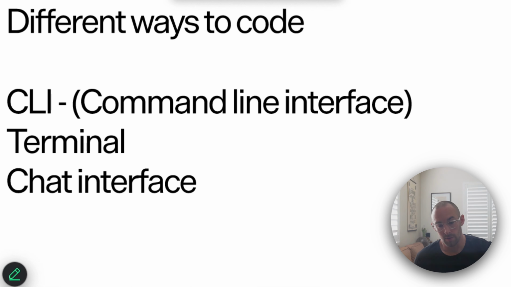Then you have terminal interfaces, which is what Claude Code is, where there is no UI. You're just talking directly to the terminal, and it's kind of steering you as you go. Now, the difference between those two is a CLI is a little bit more user-friendly for people that aren't used to terminals.